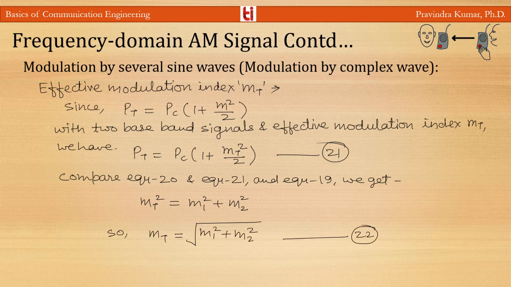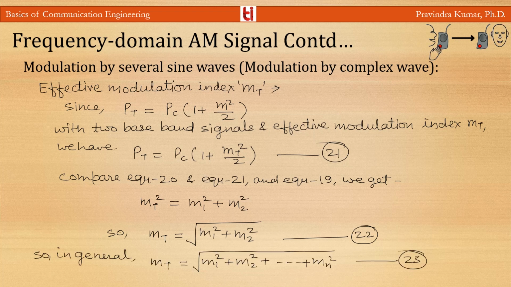So the effective modulation index is the square root of m1² + m2². In general, the total modulation index due to simultaneous and independent baseband signals is mt = √(m1² + m2² + ... + mn²). So this is the effective modulation index when we are using more than one baseband signal in the modulation.